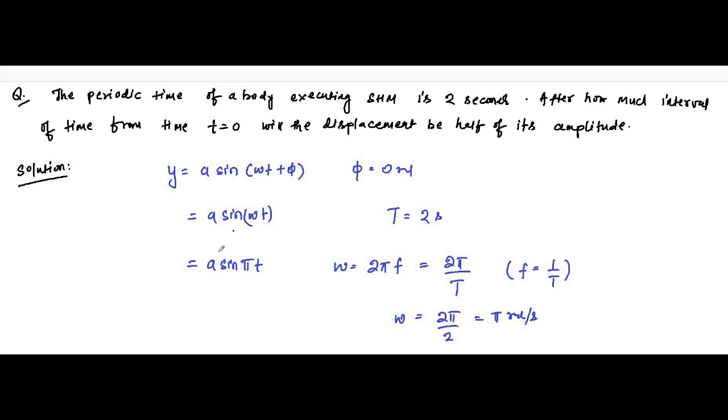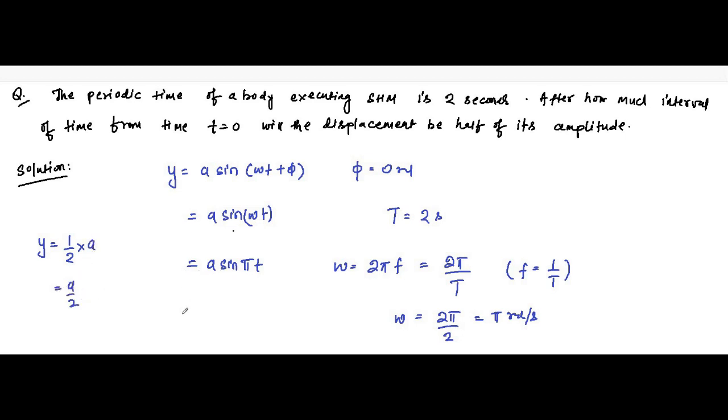Now what is asked in the question is that we have to find the time interval where the displacement will be half of its amplitude, that is, this instantaneous displacement will be equal to half of the amplitude, A by 2.